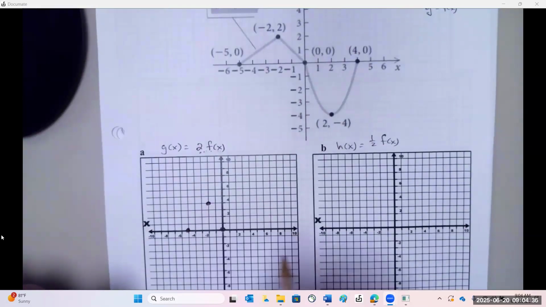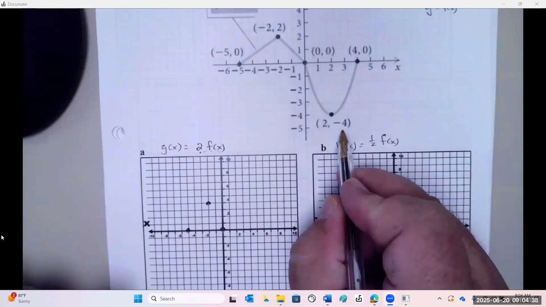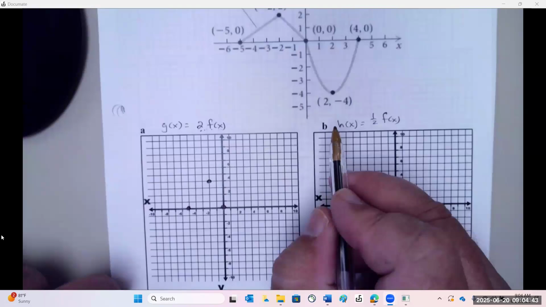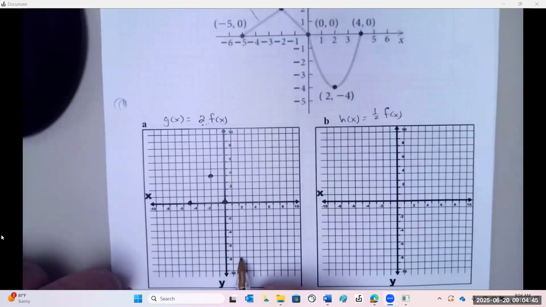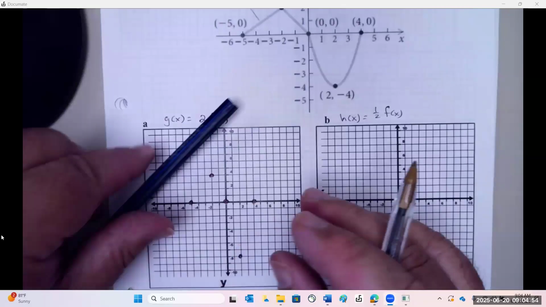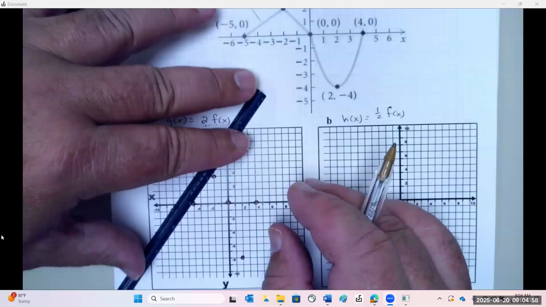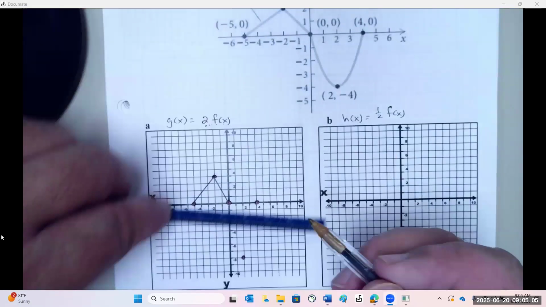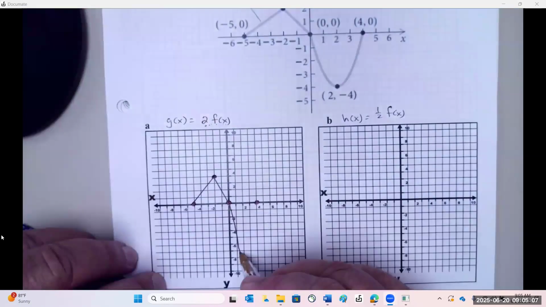At 2, -4, it goes down to -8. And at 4, 0, it stays there. So my new graph, since the 2 is outside the function, all it did was make the graph a lot stretchier. It had a vertical stretch.